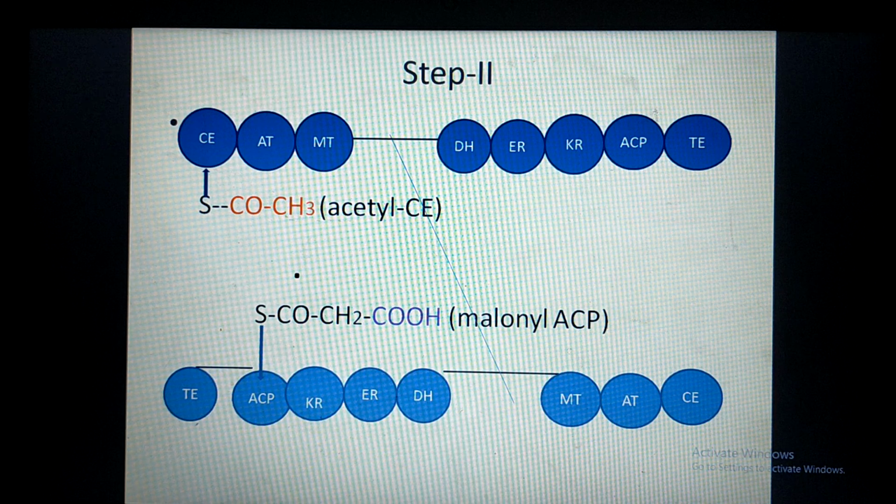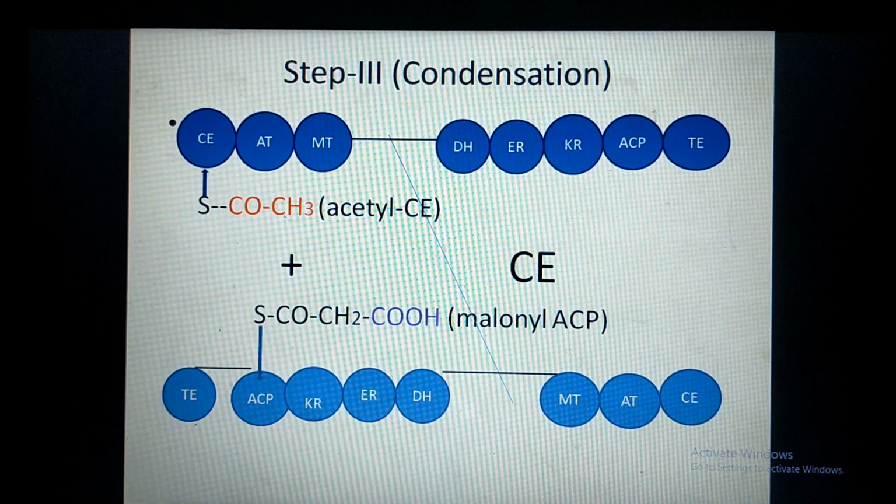So in this way the transfer occurs. Now in the third step, condensation occurs. That means malonyl group and acetyl group combine. Before condensation, the carboxyl group of malonyl is removed in the form of CO2, carbon dioxide.